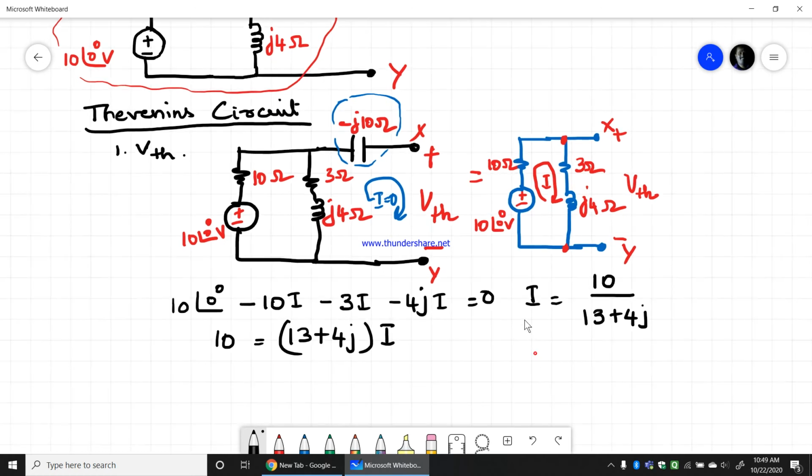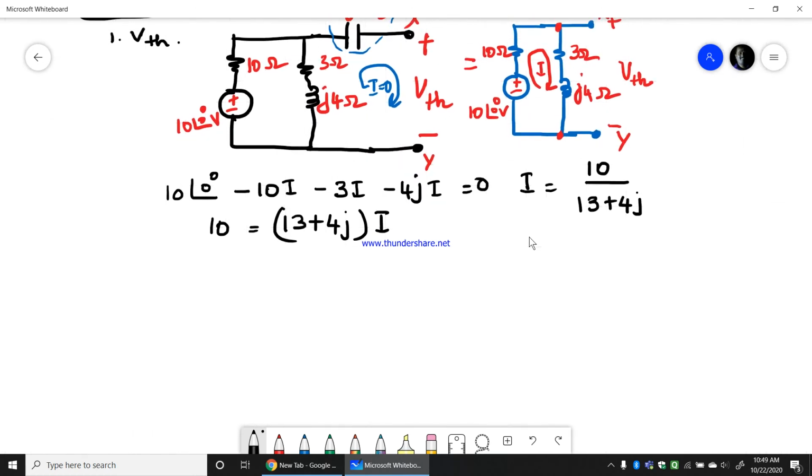Now what is VTH? So let us write the equation for this particular loop now. As current is flowing in this direction, therefore the formula would be plus VTH, since I am going in this direction now, minus 3I minus 4jI equals 0.